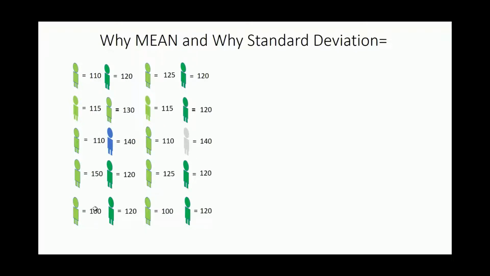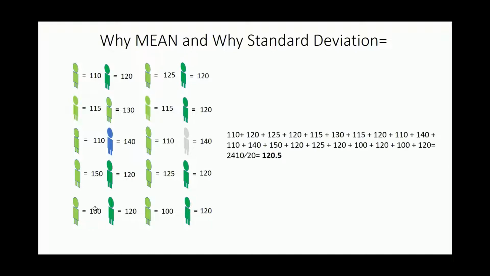Like that I collected all 20 persons, and I calculated the average, or the mean, by adding all the values, 110, 120, 125, 115, each value, and dividing it by 20. You will get a mean value of 120.5.